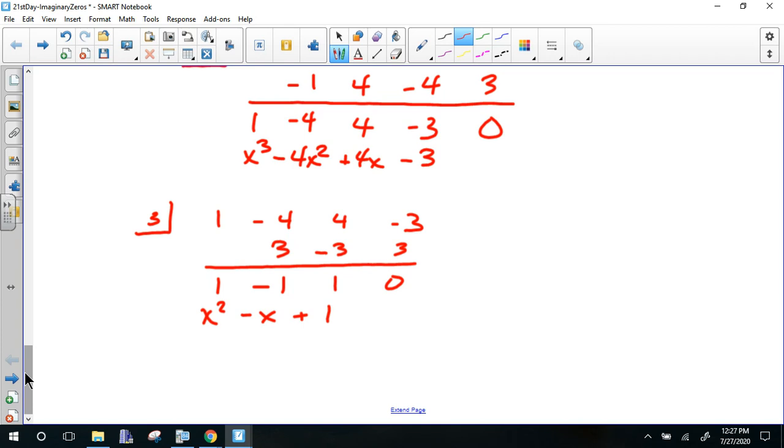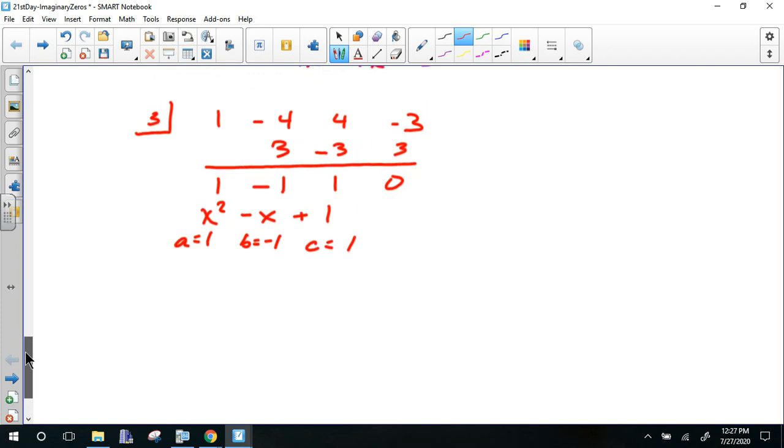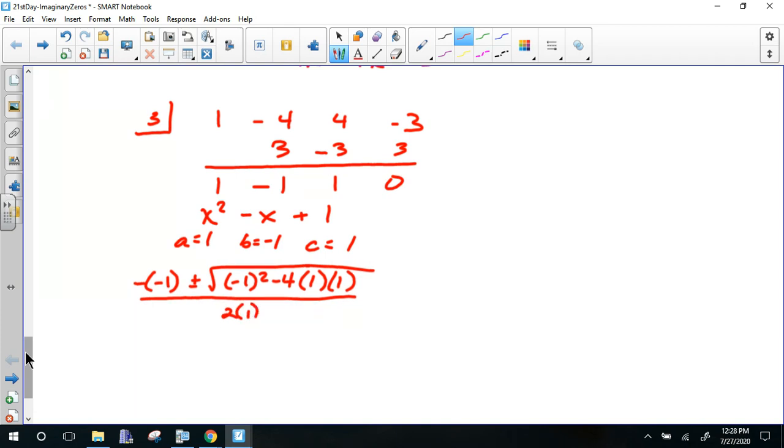Now the question is, can I factor x squared minus x plus 1? Are there factors of positive 1 that add up to give me a negative 1? No, there's not. So I'm going to use a equals 1, b equals negative 1, c equals positive 1, and I'm going to use the quadratic formula. So I have 1 plus or minus the square root.